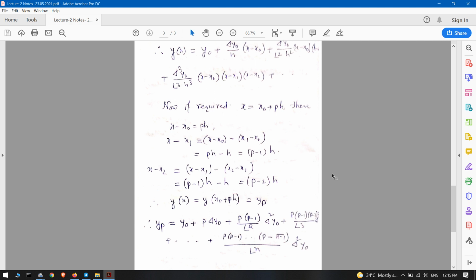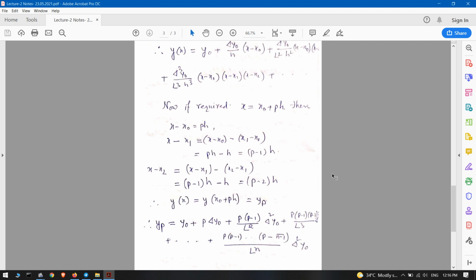No, sir. Okay. Now, next, how to evaluate the third constant, that is a2. For that we can easily evaluate del of y1. Del of y1 will be equal to y2 minus y1.